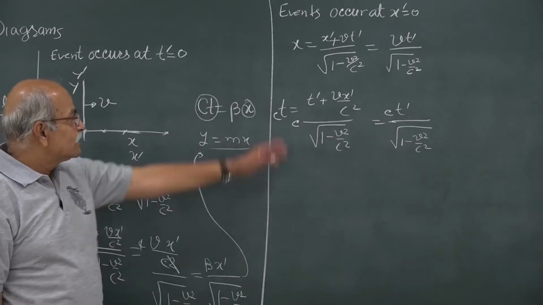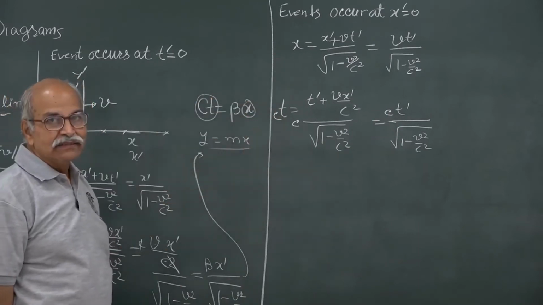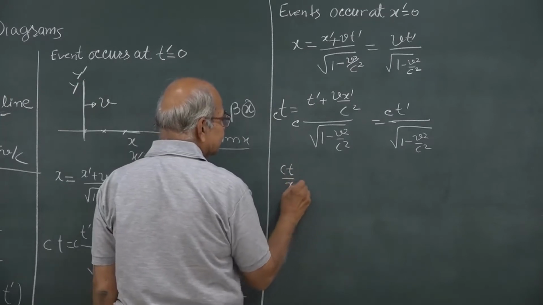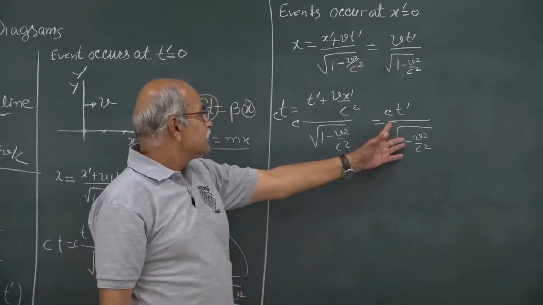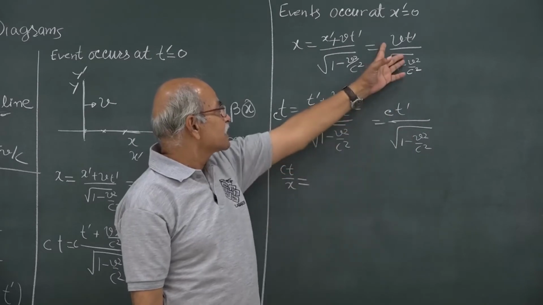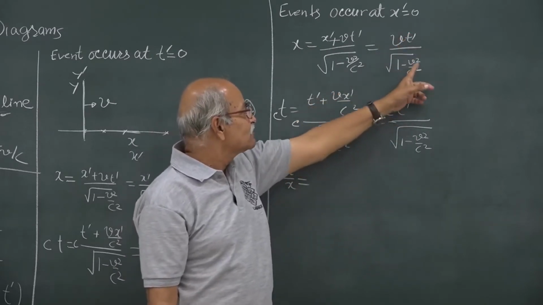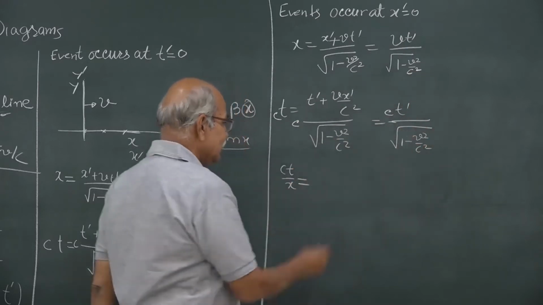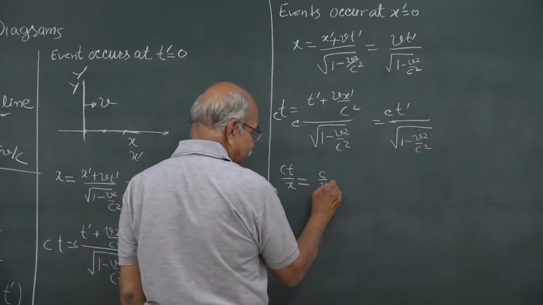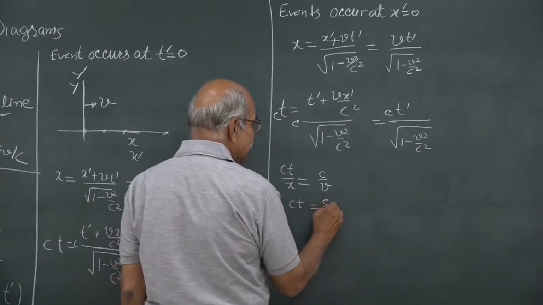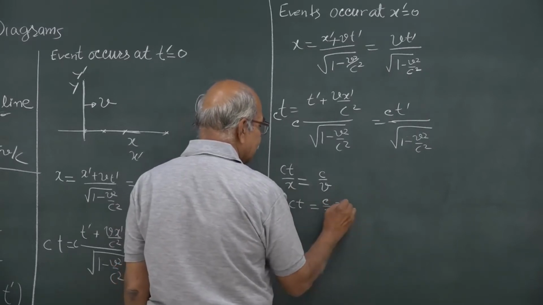Once again, look at this equation, see what is Ct by x. This is Ct and this is x. Dividing, t prime by square root of 1 minus v square by c square will get cancelled, and you will have c by v, and so Ct is equal to c by v times x.